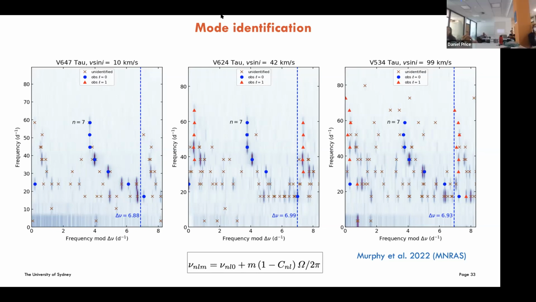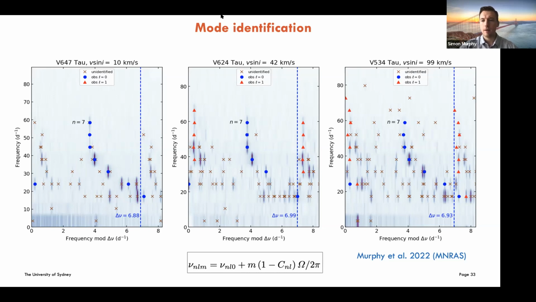Simon, I was just wondering, if I understood you right, you're basically measuring the density. Is that a fair statement, or are you doing something more clever with these other mode identifications than just getting density? Yeah, to be specific, we take all of the models that we calculate, every evolutionary track sampled at many ages, and ask what the pulsation frequencies are for this particular model at this particular age.